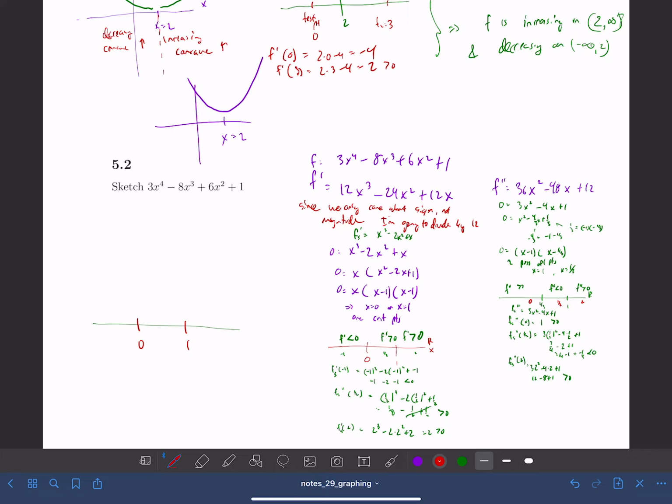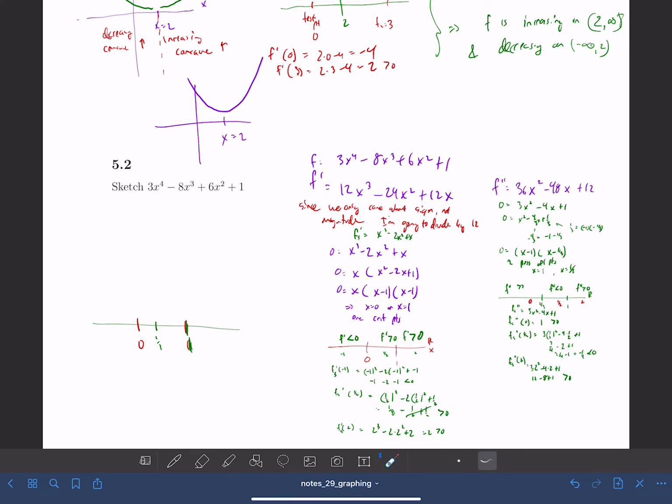And how about I do in green a third and 1. And those are my inflection points. Okay, so I have 1, 2, 3, 4 intervals.